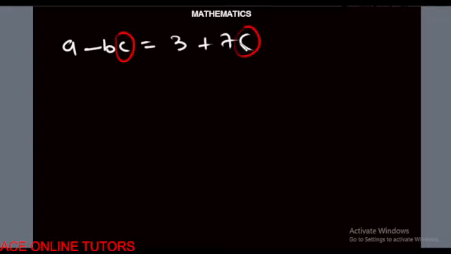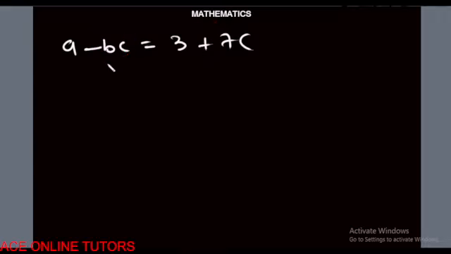So that means that what you are asked to make the subject of the formula exists in more than one term of the equation. So what you are going to do is you make sure you gather it on one side. If you want to gather it on one side, you can take this minus bc to this side, so that both c's will be on the same side.